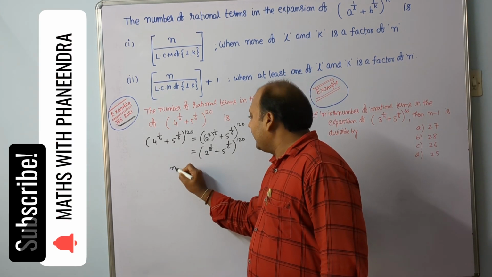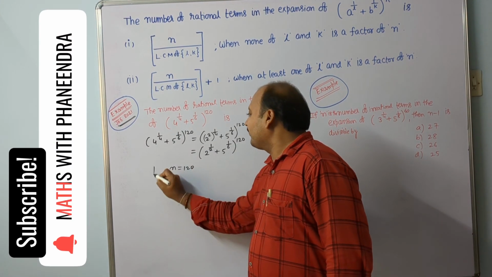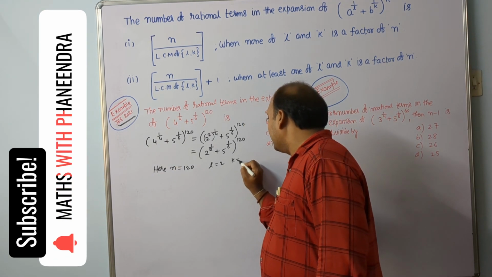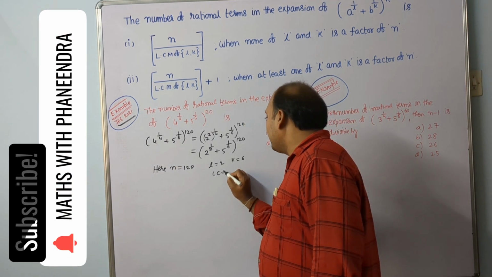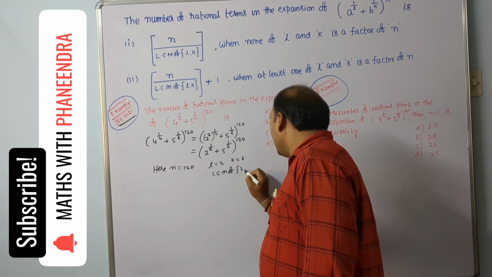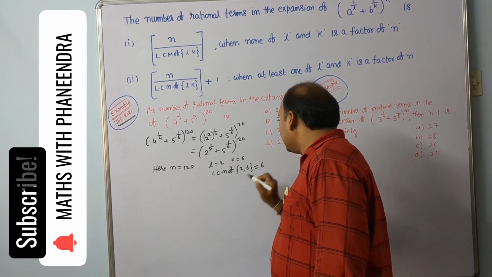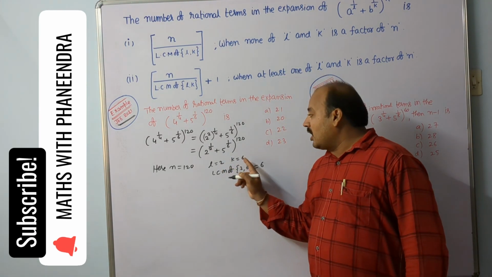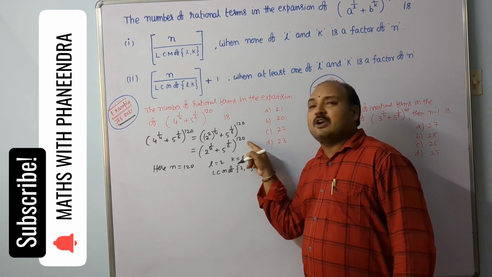So now n is equal to 120. Next l is equal to 2 and k is equal to 6. LCM of 2, 6 is equal to 6 clearly, dear students. And 2, 6 both are factors of 120.